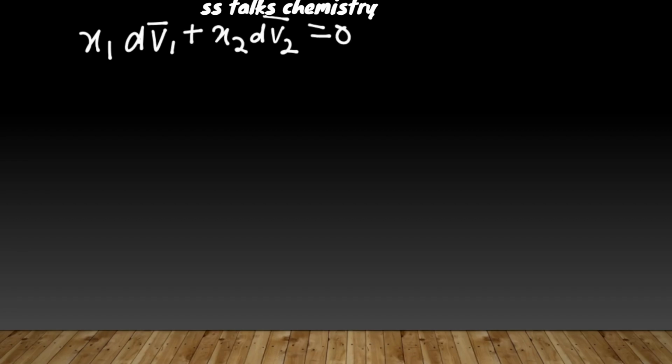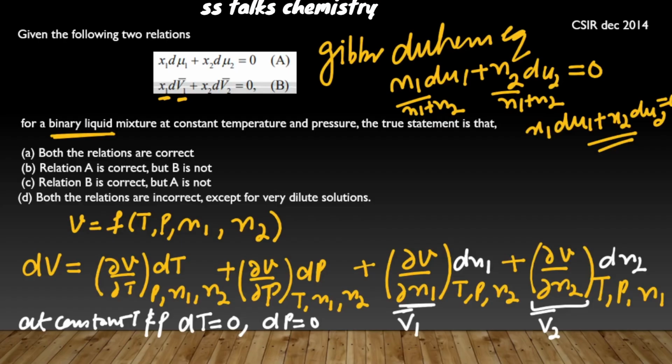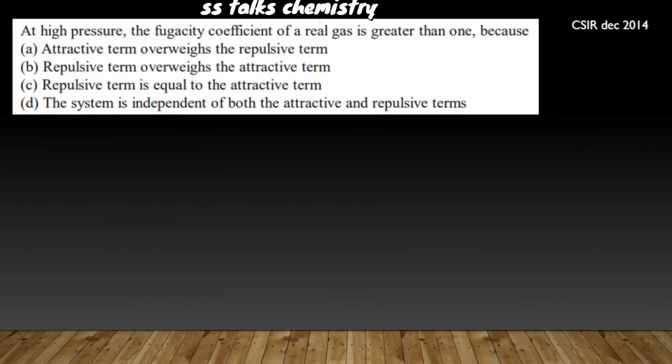So like this also we could write it. You are seeing that this condition is also satisfied as per the Gibbs-Duhem equation. So both these relationships that are given, A and B, are correct. So option A becomes the right answer, which states that both these relations are the correct ones. Okay. Next, this question now.